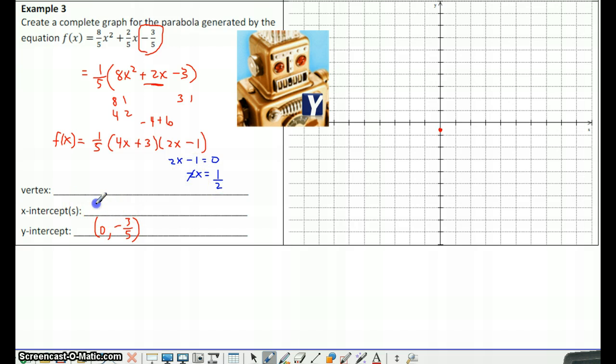So one of my x-intercepts is 1/2, and the other one, the jump would be -3 divided by 4. So let's graph those. One x-intercept at 1/2, the other one at -3/4.